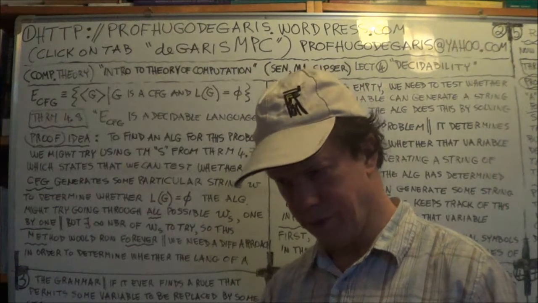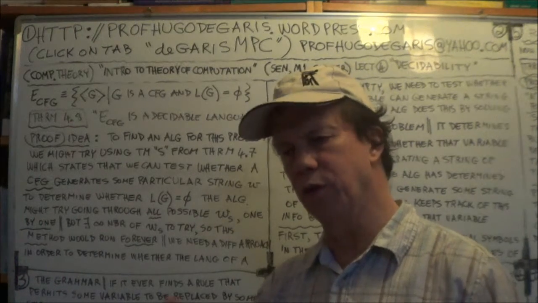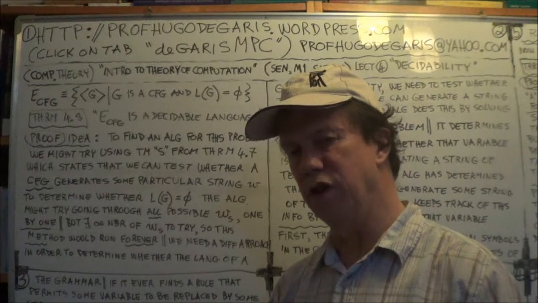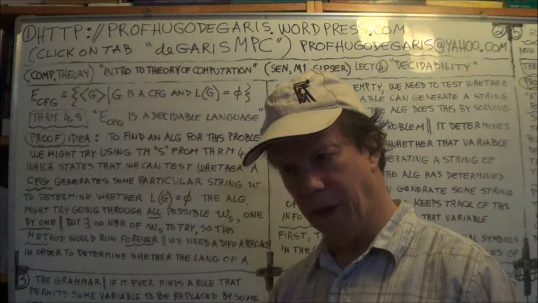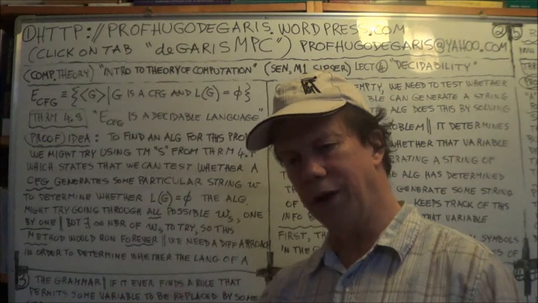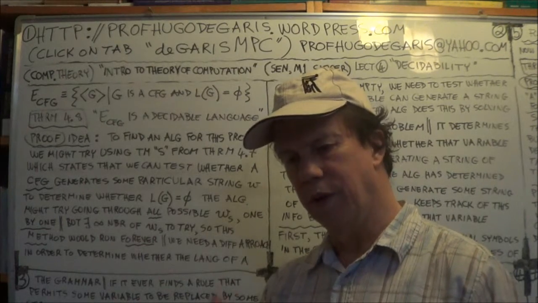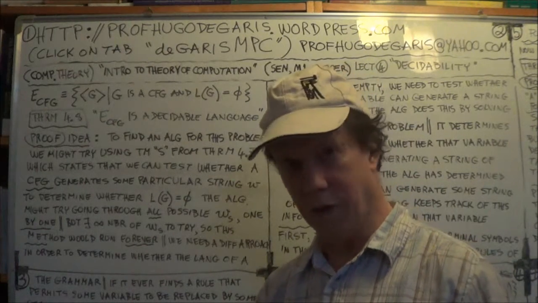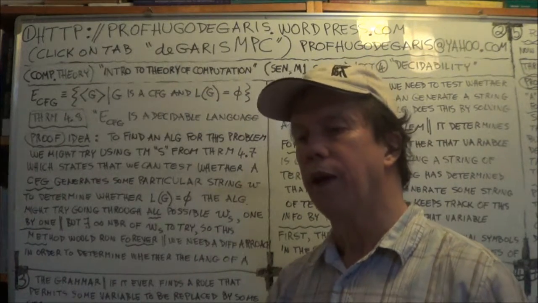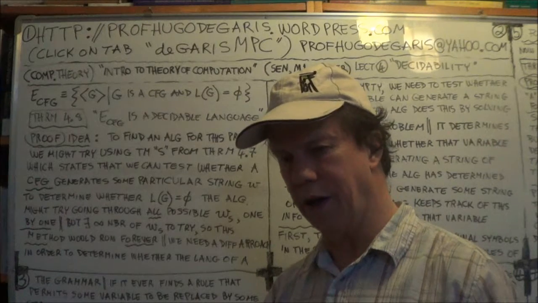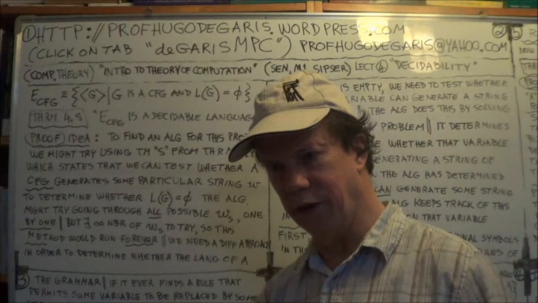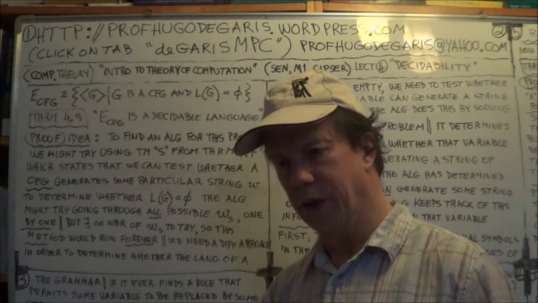You look at all your variables each time, looking for non-dotted variables. And you find one, let's say, and then you look at the right-hand side of the rule that has that variable on its left-hand side. Just one variable, always. It's a context-free grammar. And then you look at the symbols on the right-hand side, and if all of them are dotted, then you dot that left-hand variable. Okay, you dot it.